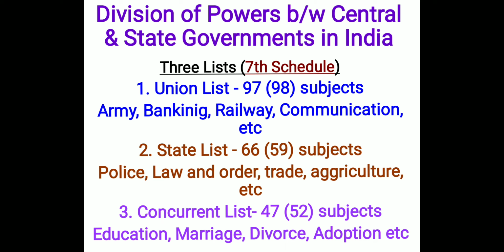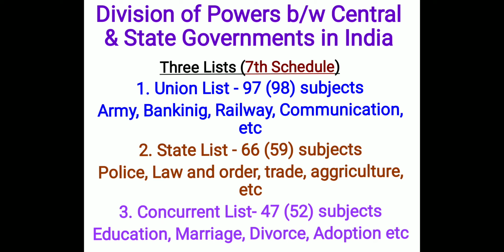As far as state list is concerned, state list consists of all the matters which are related with the state, like police, law and order, trade, agriculture, etc. Okay. State list originally had 66 subjects, but now it has 59 subjects.